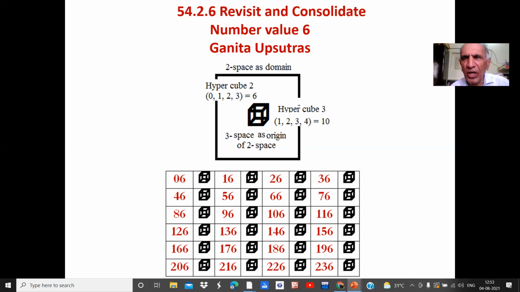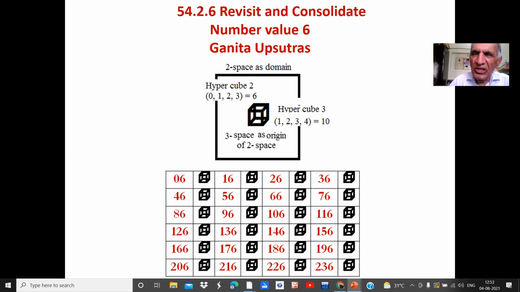Now, if we are to have a mental state parallel with Vedic mathematics, then we will be parallel with the numbers as values, as transcendental code values.